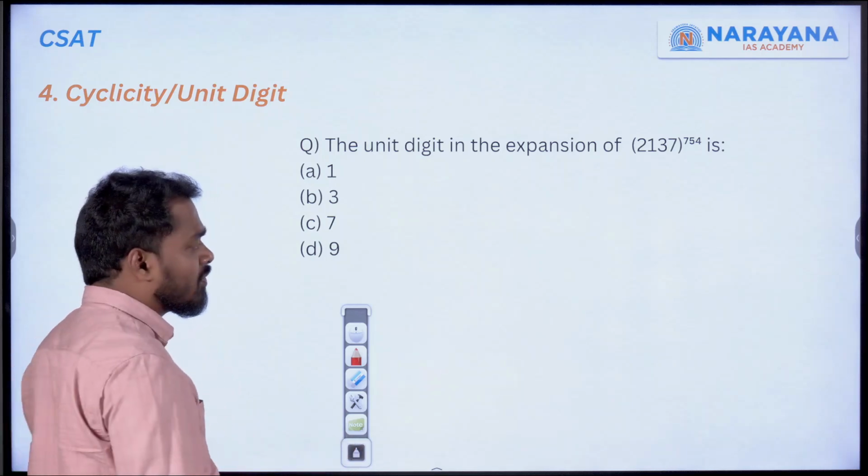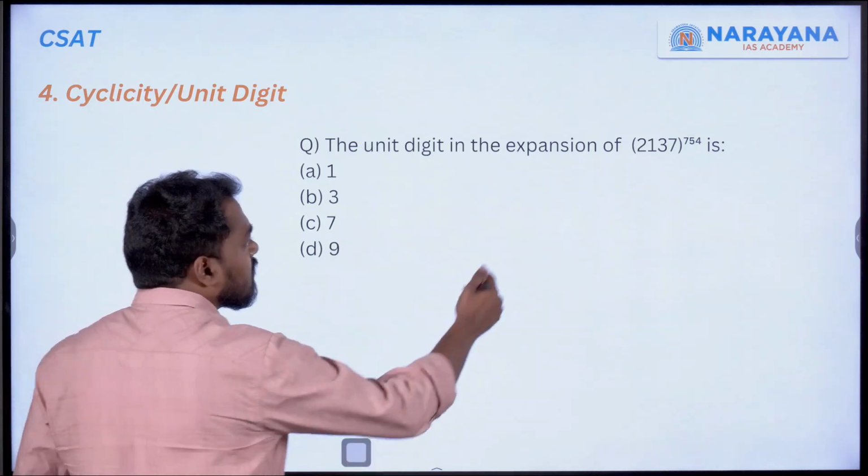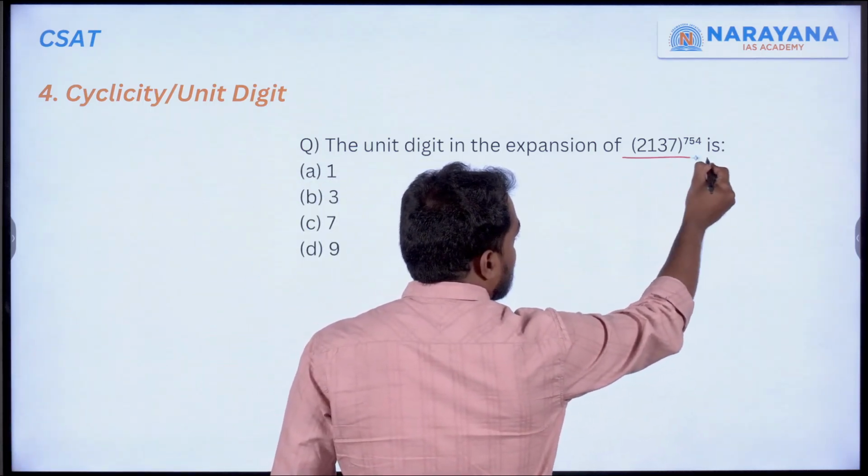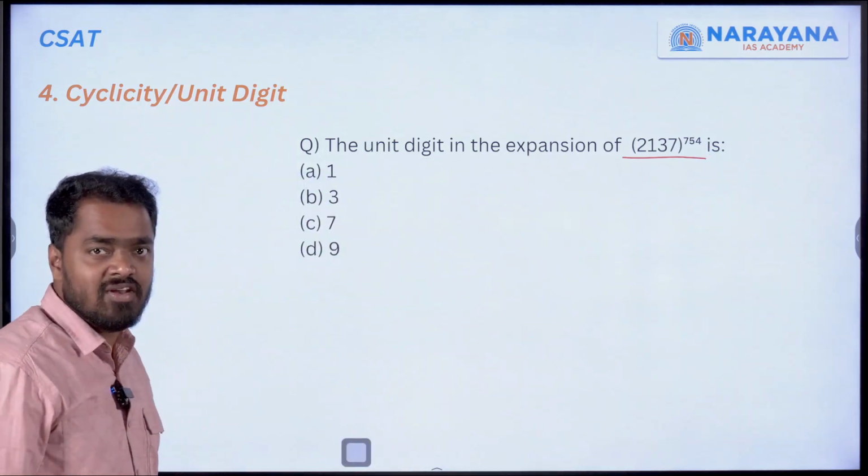This is also a very simple one. You just have to apply the rules. So what is the given number? 2137 to the power 754.